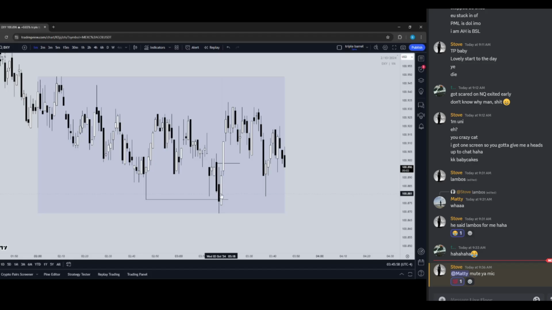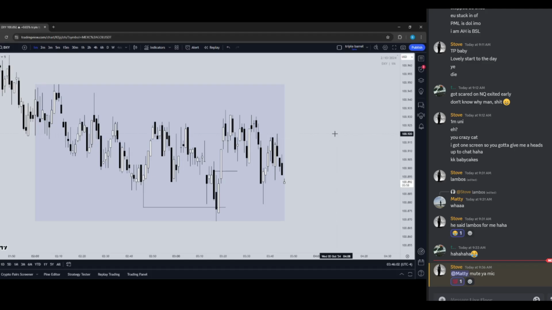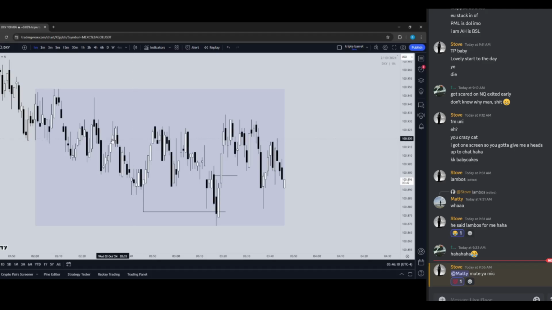And then you can see that enough buyers are coming in, whether they're market makers or algos or whatever, doesn't really matter. All we know is that there's an imbalance here of buyers and sellers, and therefore we now have this area that should be retested as fair value.